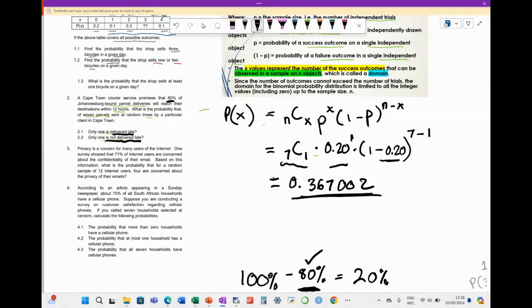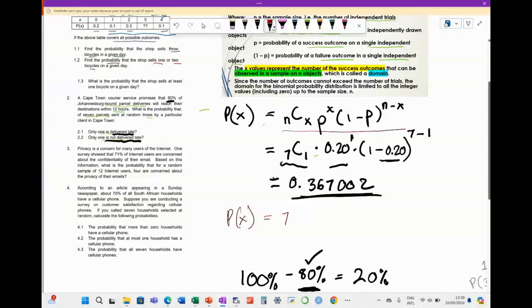Now they're saying, what is the probability of only one is not delivered late? So we are then saying here, the probability of X, and maybe let me just use a different color here. The probability of X is equals to, and we're still using the same formula, isn't it? So I'm not going to rewrite the formula.